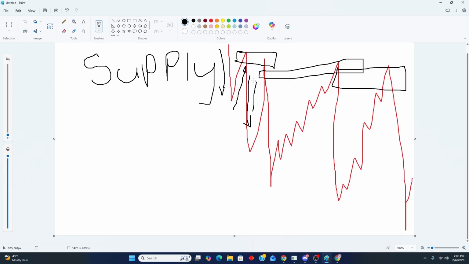Same thing, comes back, area of interest, touches the demand zone, aggressive flushing. With this one, price comes in, slows down to the area of interest, aggressively flushes.